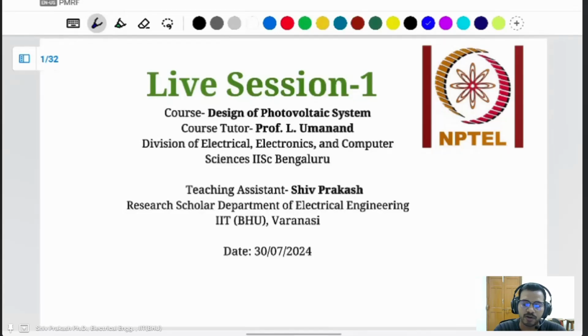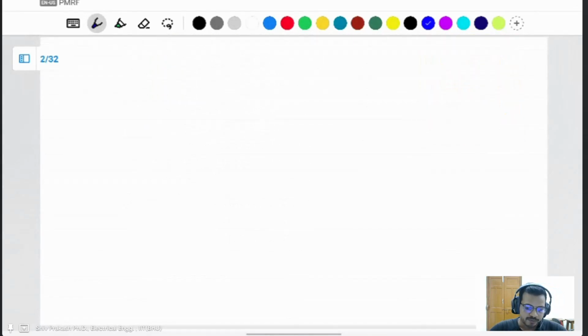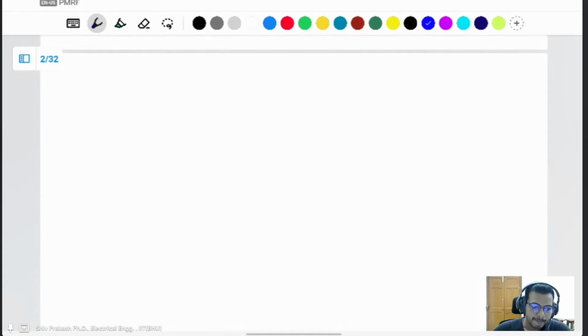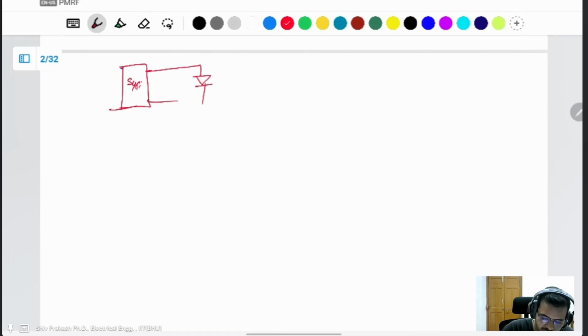All of you know about the diode and how it works. If you take a circuit and give supply to a diode, this is the voltage across the diode, VD, and this is the current, ID.